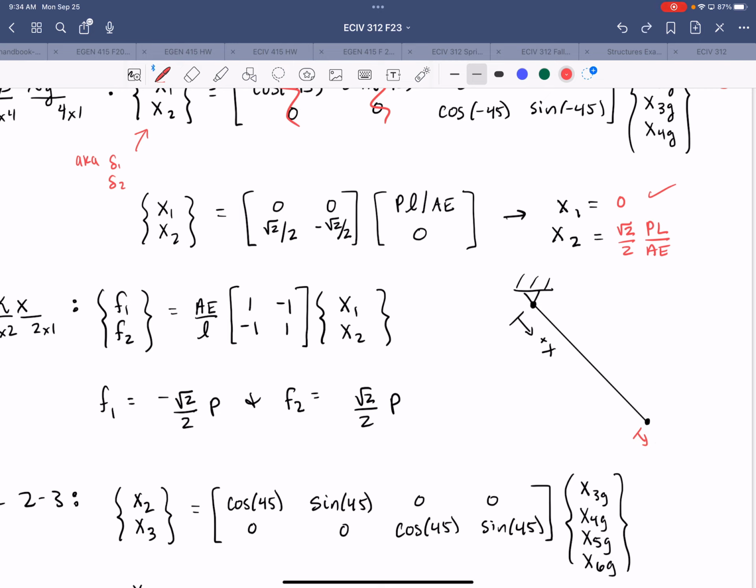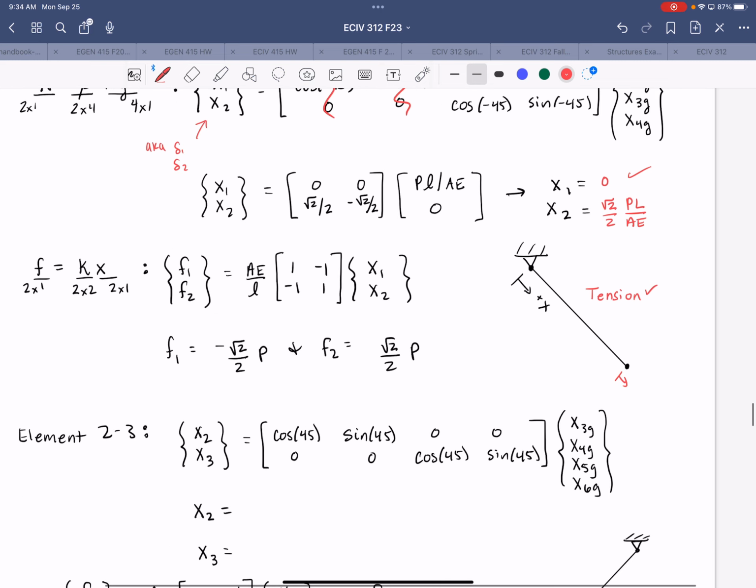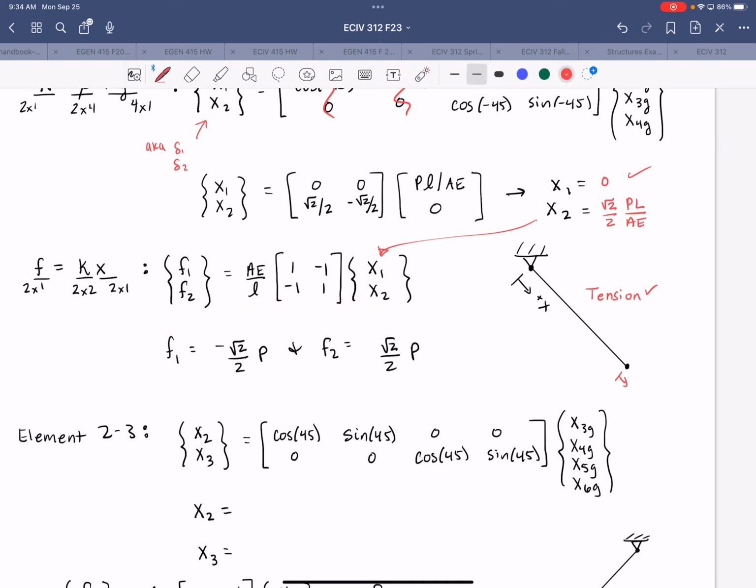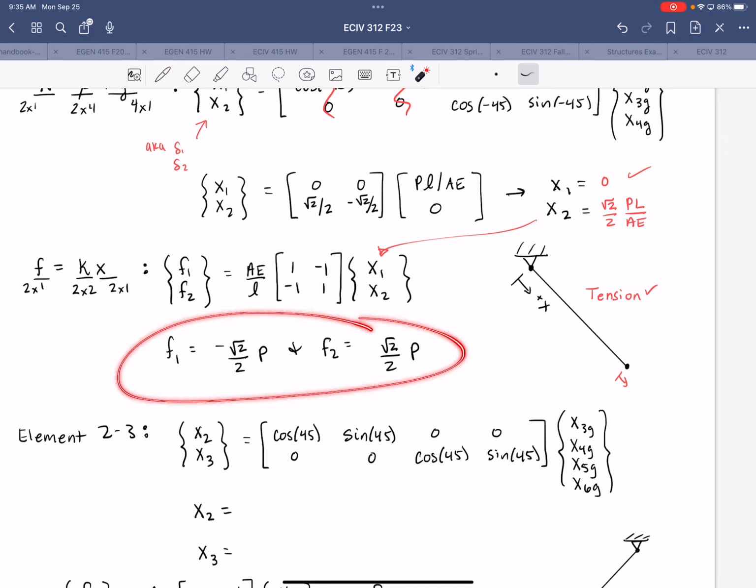So we have a positive displacement at node 2, and so that checks out that our member is going to be in tension. And then plugging in those values to our F equals KX, right? Now we have our internal axial force. And these should always be the same magnitude, right?